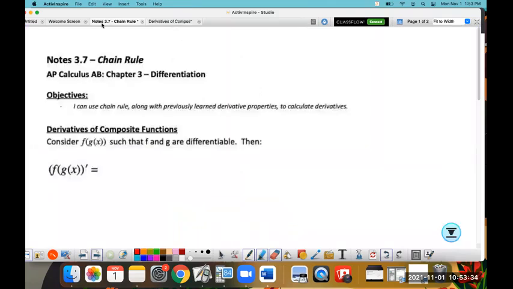So we're going to write this up formally. If I have a composition of functions, f of g of x, first of all, can you guys tell me the inside function? g of x, and the outside would be f of x. And they're both differentiable, and I want to take the derivative of that composition. Start off with the derivative of the outside, which you guys just said was f. So we'll take the derivative of f with g of x inside.